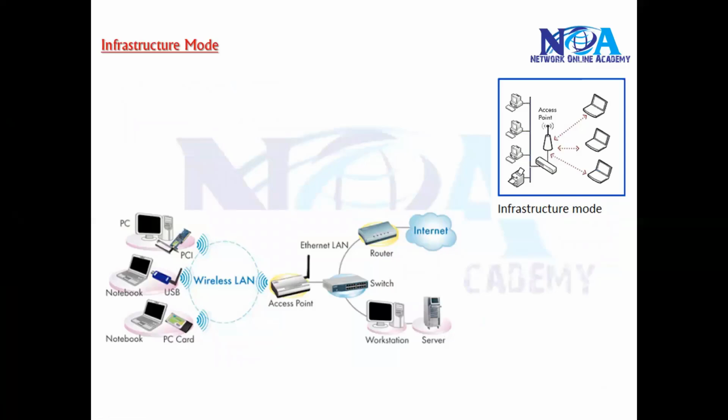Now coming back to the infrastructure mode. Infrastructure mode is the one which we commonly use in any home network. Also we do have an access point. If you take a simple example, we have our home network where I'm connecting a couple of laptops or notebooks, or even some of your smartphones or iPad devices.